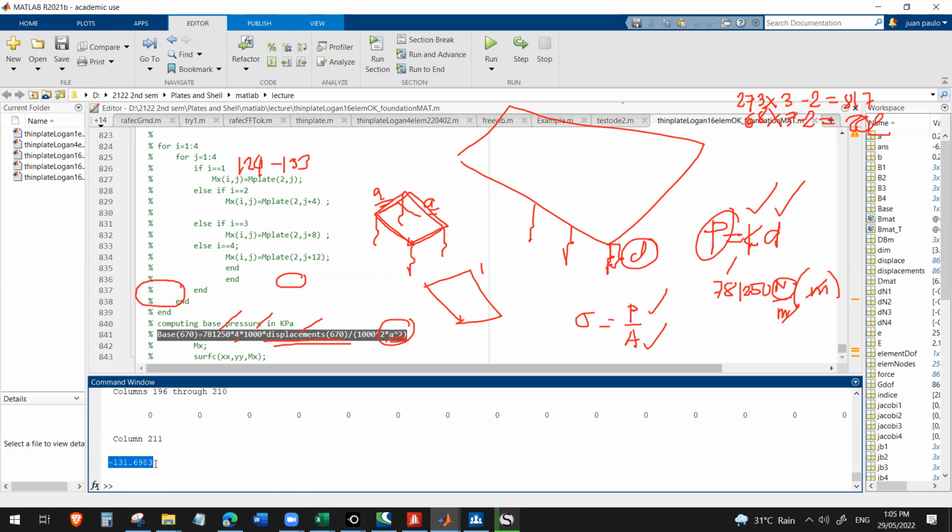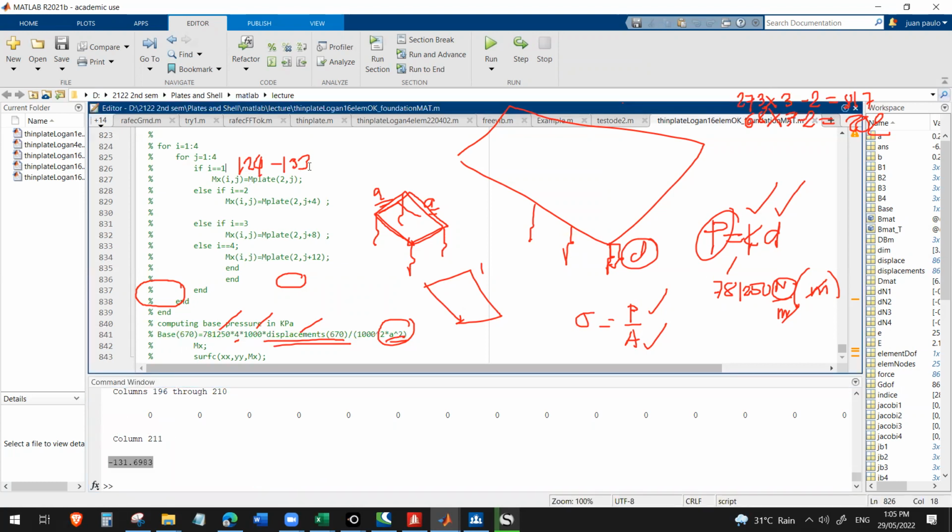So I'm getting 131 kilopascal, which, as you see, is within the interval of 124 to 133 kilopascal.